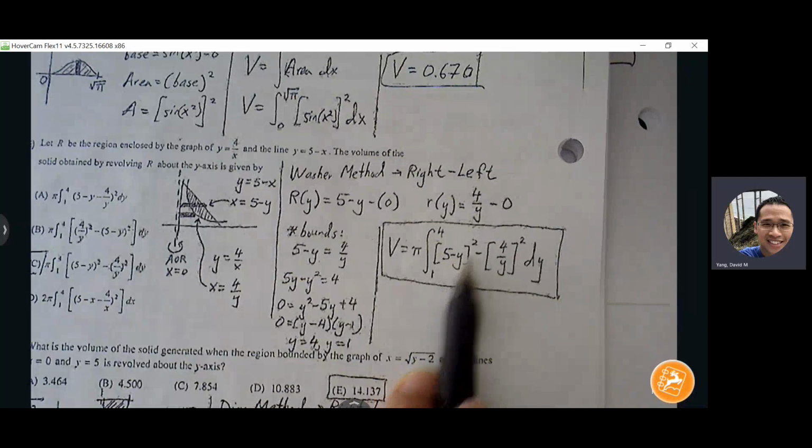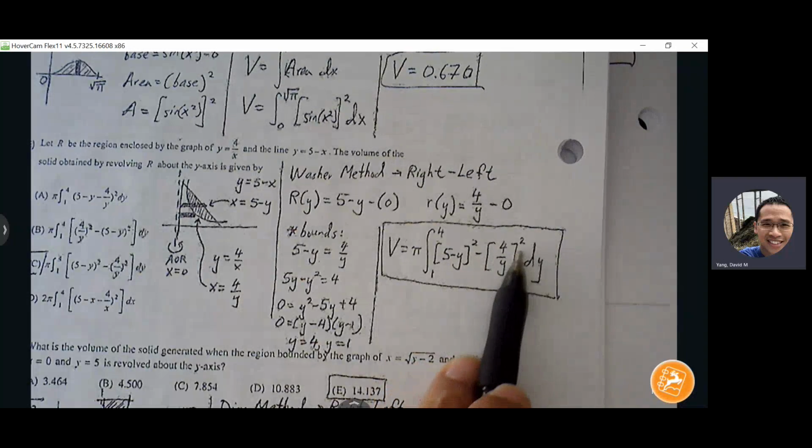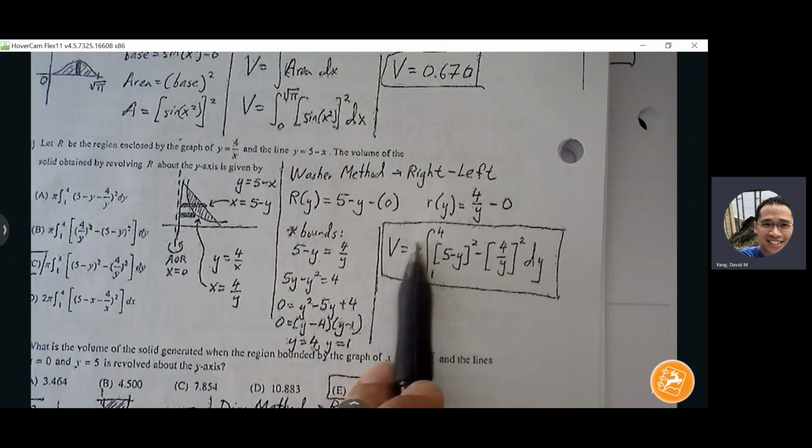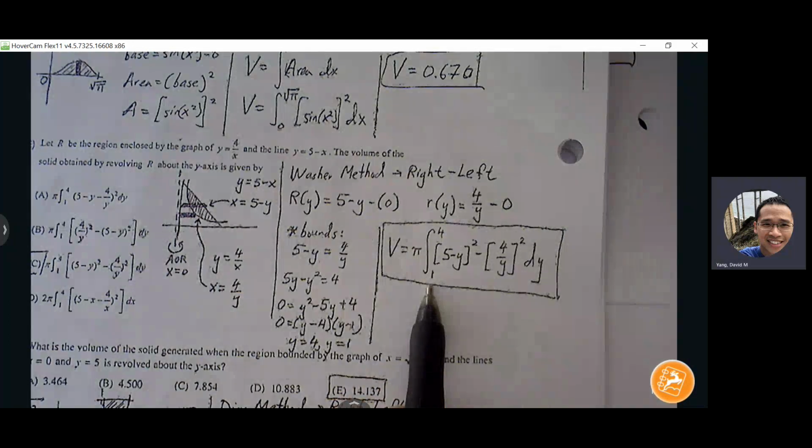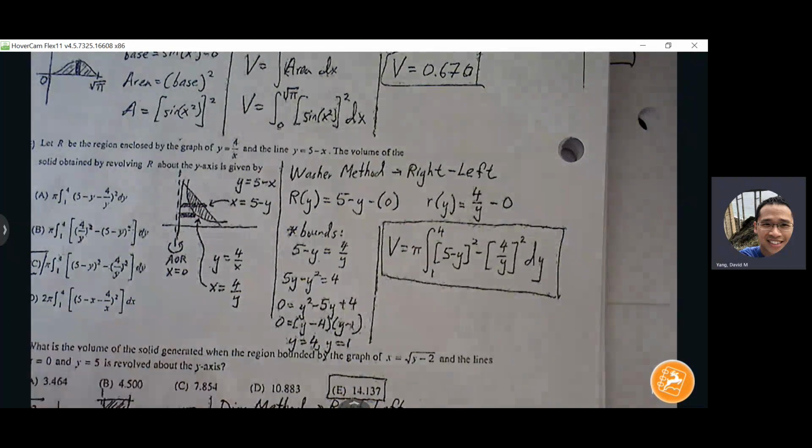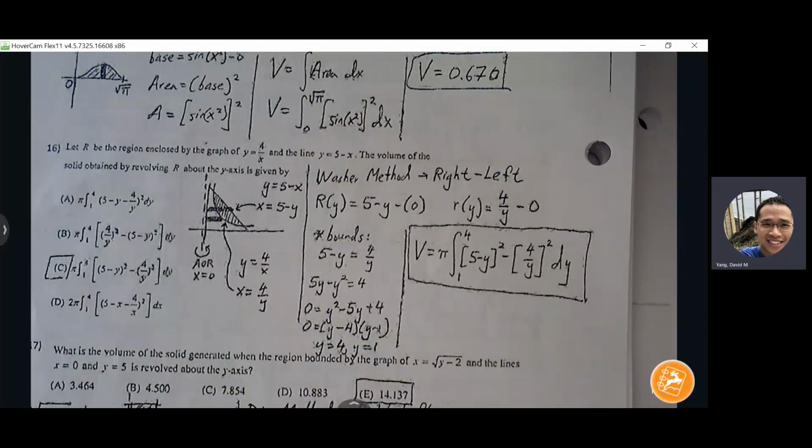So big radius, quantity squared, minus little radius, quantity squared. Make sure there's a pi in front. Now we are rotating. The lowest y value is 1, the highest y value is 4, and that matches answer choice C.